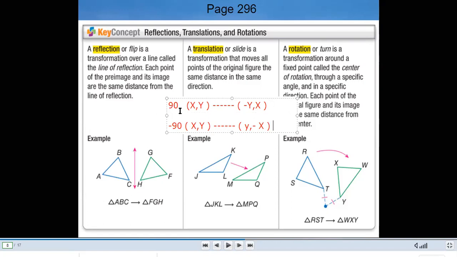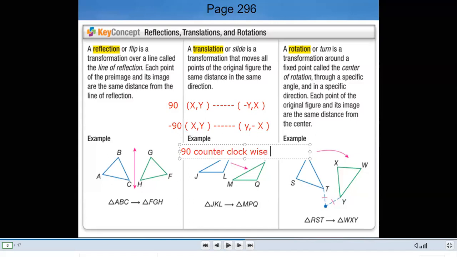If I write 90, that means positive. Negative 90 means negative 90. But if I give you a question, 90 counterclockwise, in this case it will be 90 positive.